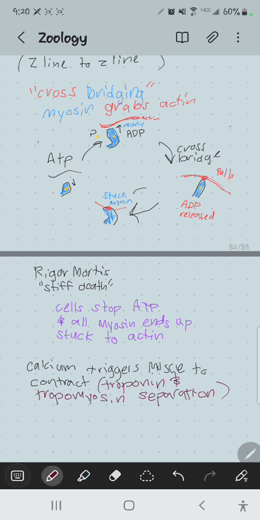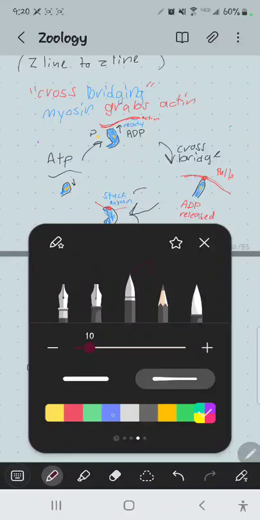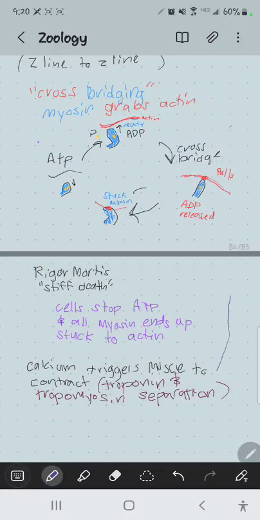Okay, so where does this happen? If I were to say where the calcium binds to troponin releasing tropomyosin, it happens right here. So if we're using the clock as 12 o'clock, 3 o'clock, 6 o'clock, 9 o'clock, we're looking basically at like 1 o'clock is where calcium is released.